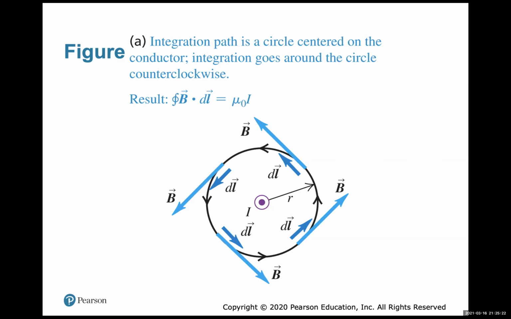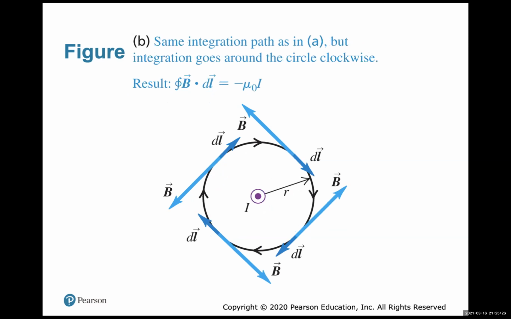But what if we go the other way? That's fine. Now they're anti-parallel. The field still points counterclockwise because of the right-hand rule. We just walk the path backwards, and now the direction we're going and the field are anti-parallel, so we end up with a minus sign.